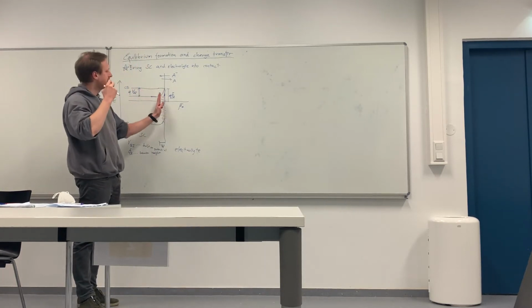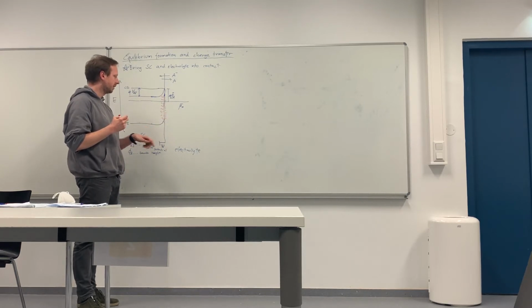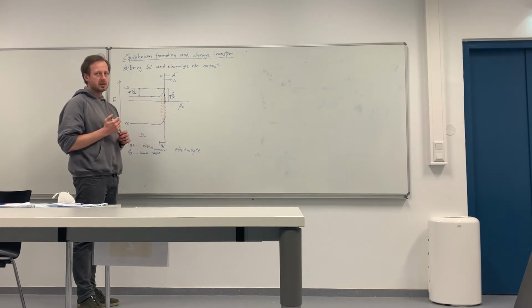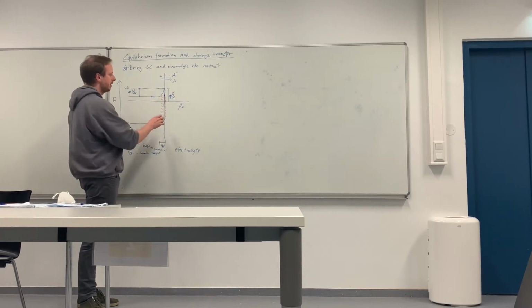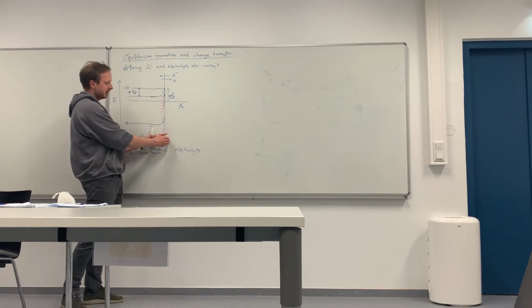This region of the semiconductor is depleted of electrons, therefore it is called a depletion layer. This area is positively charged. And compared to a metal, this layer is thick because the density of states is low compared to a metal.